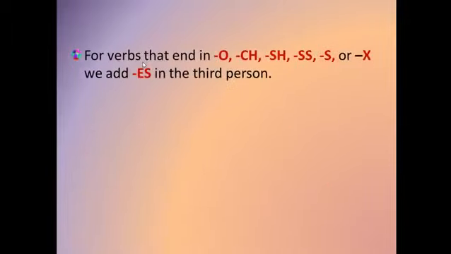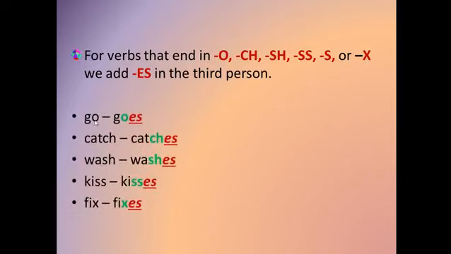But if my subject is he, she, or it, but my verb ends in an O or a CH or an SH or a double S or X, I add an ES in the present simple. He goes, I have an O here, so I add an ES. She catches, CH, so I add an ES. It washes, okay, SH, so I add an ES.